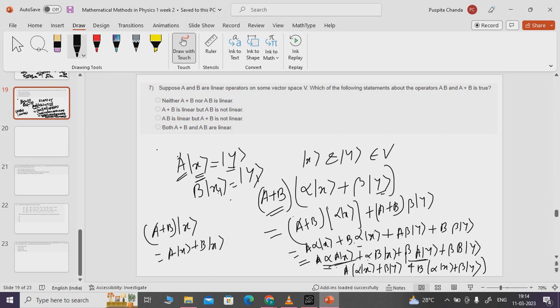So A plus B operating on alpha x plus beta y gives A alpha x plus beta y plus B alpha x plus beta y. If you think it is a little complicated, then remove the beta y portion. A plus B operating on alpha x will give you the same.